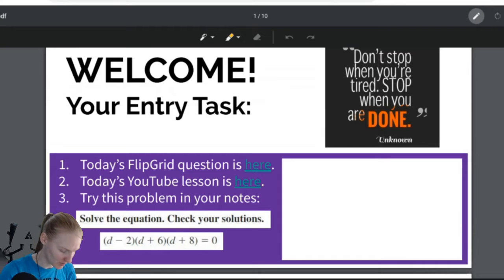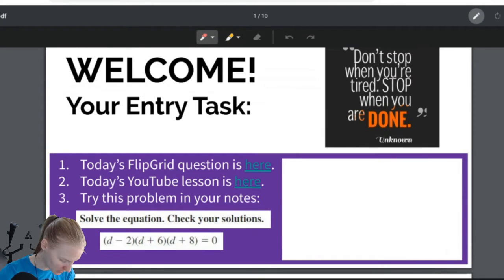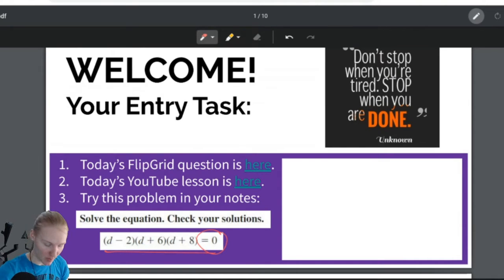Okay, let's jump into it. So, if I have all of this equals 0, the equals 0 is the key part here because we remember our zero product property that states that if multiple things are being multiplied together and they equal 0, one of these things needs to be equal to 0.